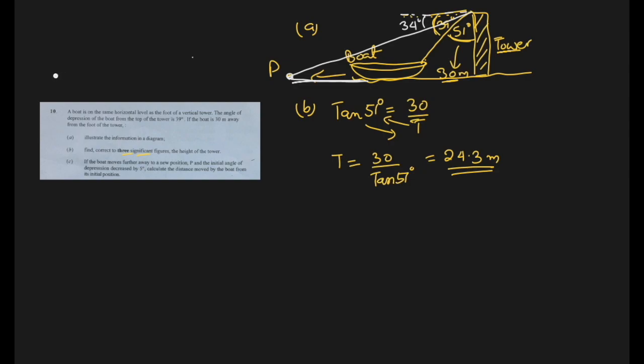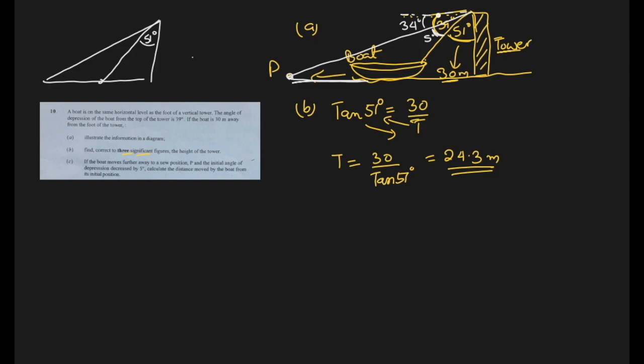Okay, so let's redraw the whole situation in a cleaner drawing. This is the top of the tower, this is the new position, this was the original position, and this was 51 degrees, and this is 5 degrees, right?